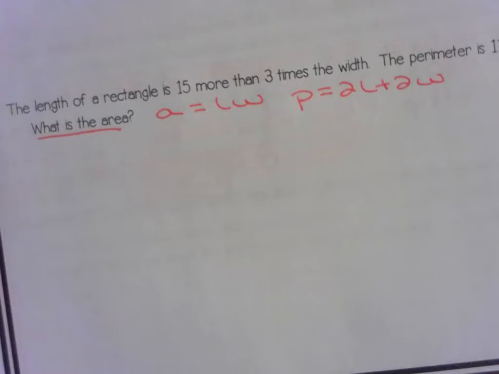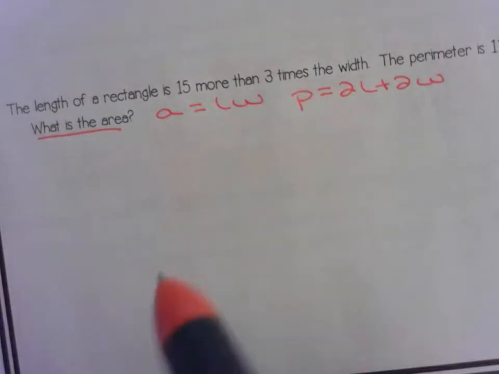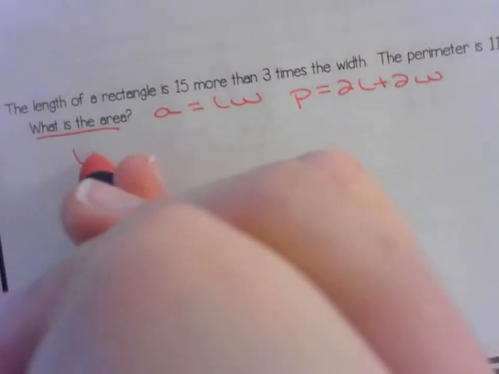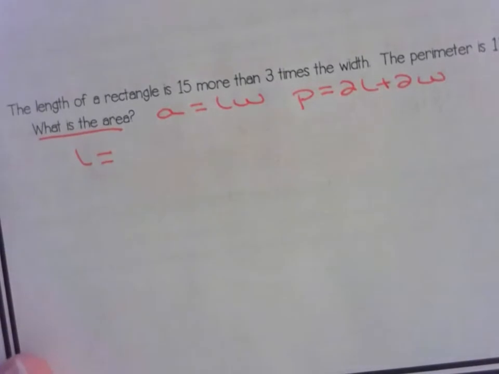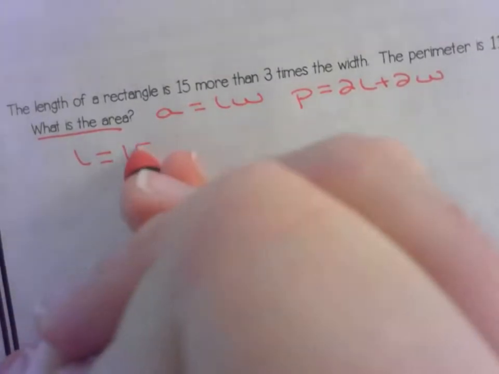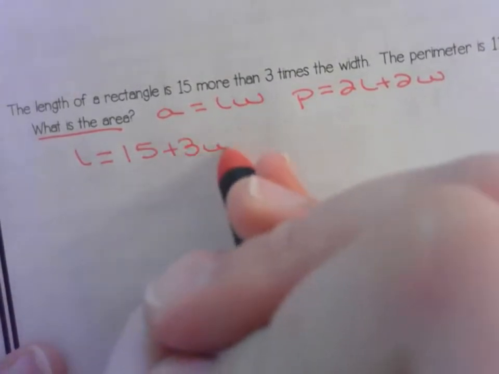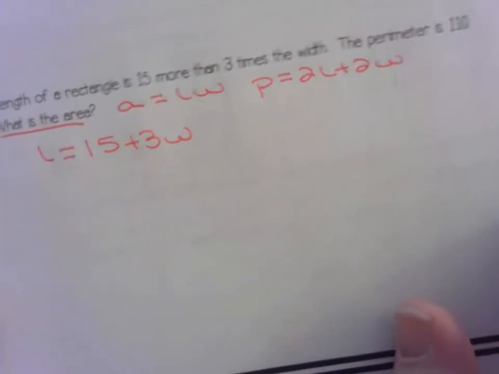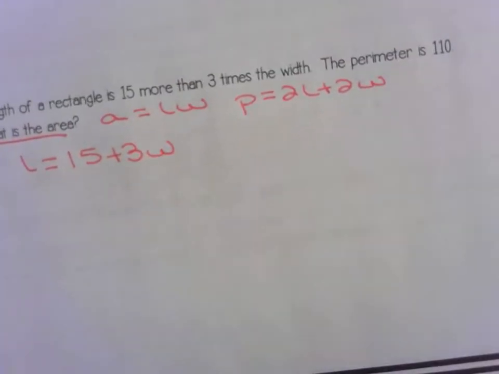Length of a rectangle is 15 more than 3 times the width. The length of a rectangle is, so L equals what? 15 plus 3W. So L equals 15 plus 3W. My other equation is going to be what? The perimeter is 110.